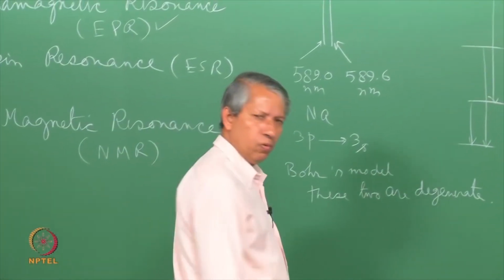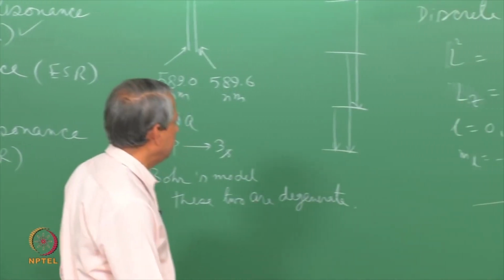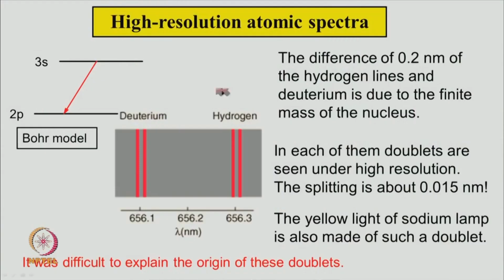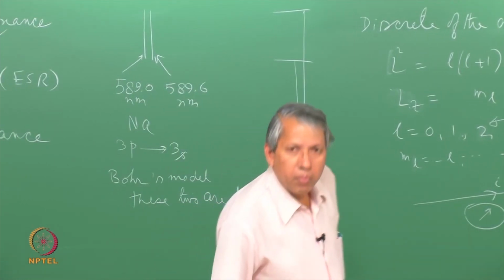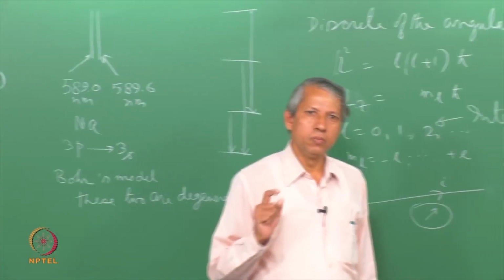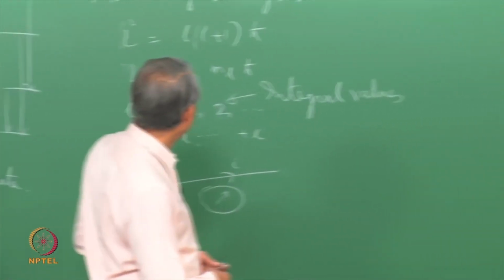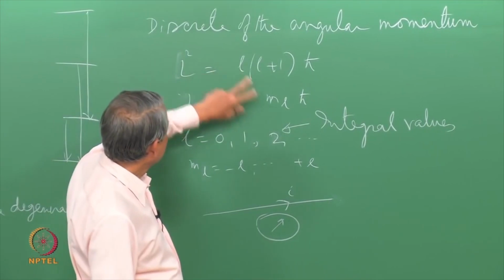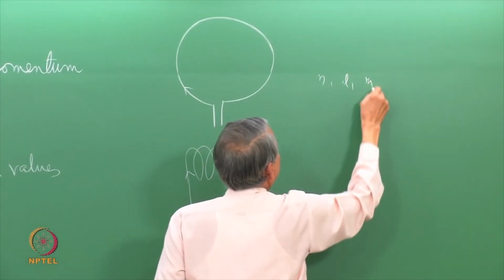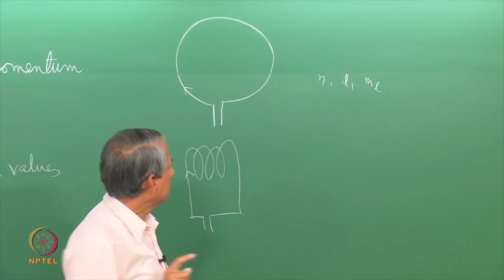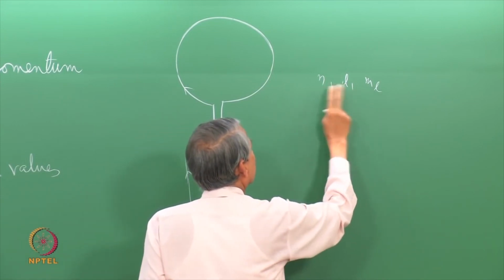So Pauli, Wolfgang Pauli, said that he could explain many of these doublets, not necessarily this particular one or this particular one, many such doublets, if it is assumed that electrons are allowed to take the quantum numbers N, L and ML in pairs, that is, 2 electrons will have the same values of this kind, not more than that.